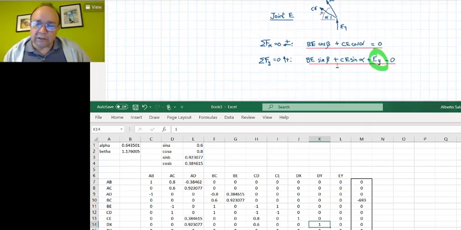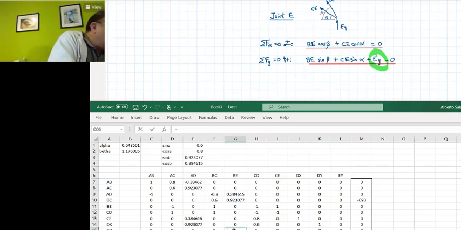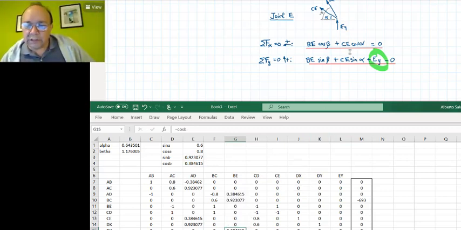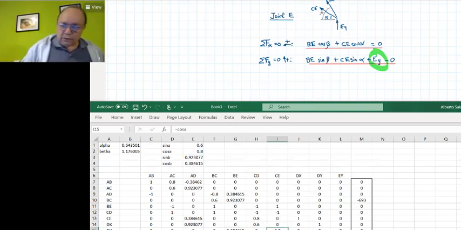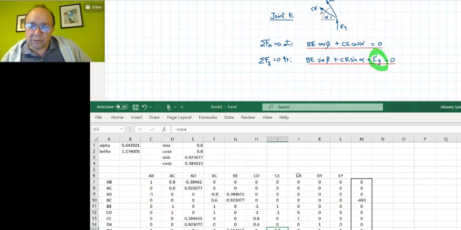Now, next, join E. BE cosine beta equals cosine beta, CE cosine alpha, and then equals 0.